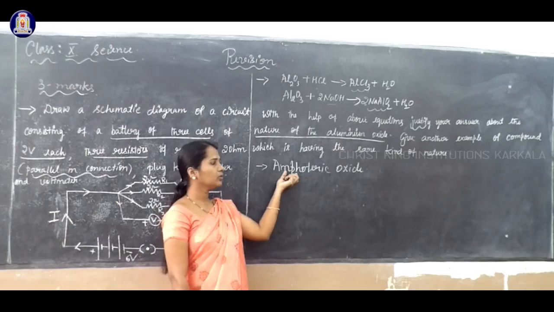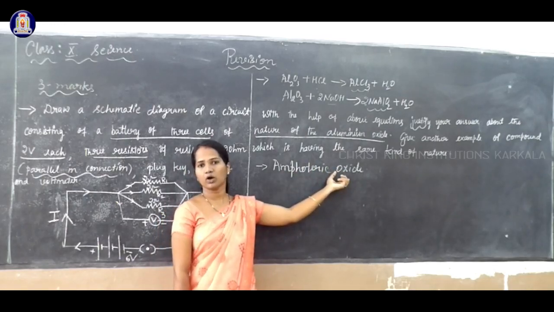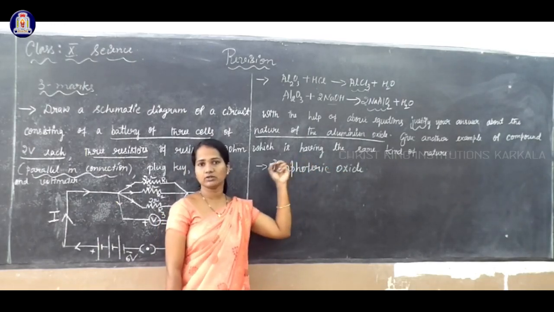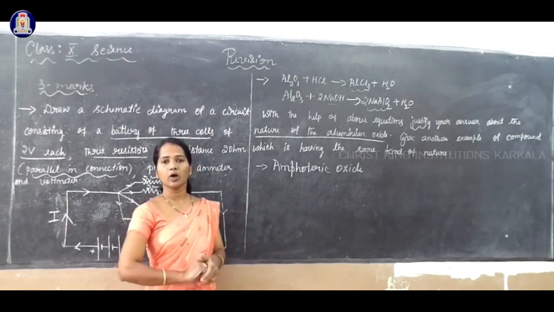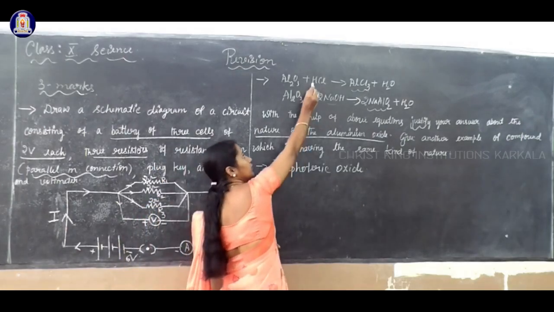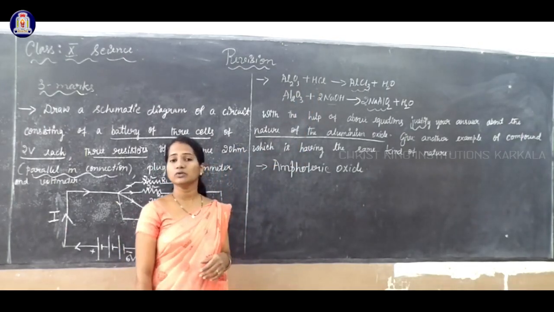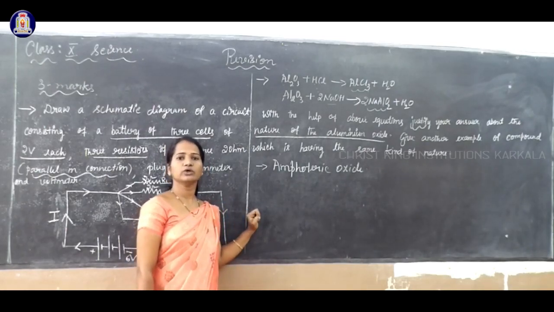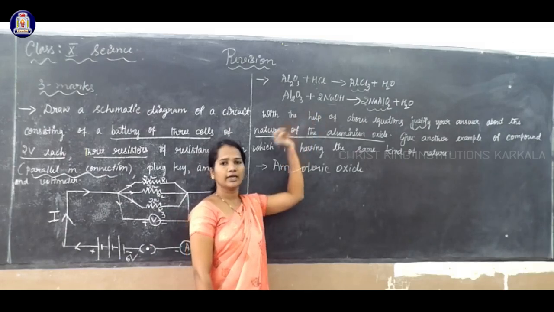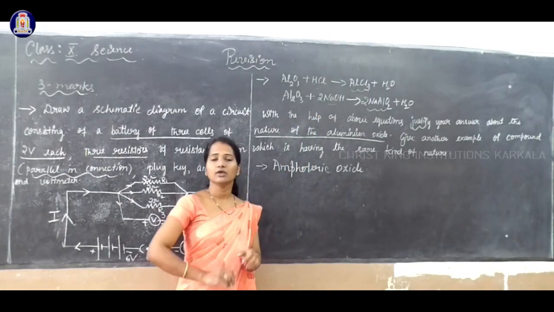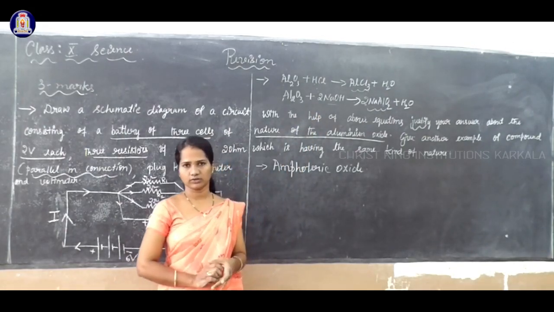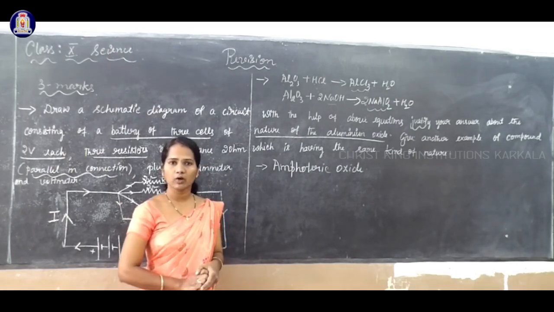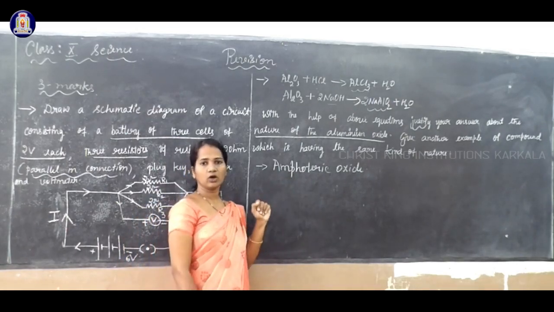Therefore, aluminium oxide is an amphoteric oxide. Justification or reason: aluminium oxide reacts with the hydrochloric acid to give salt and water. Aluminium oxide also reacts with the sodium hydroxide, which is a base, to give salt and water. Therefore, aluminium oxide is an amphoteric oxide.